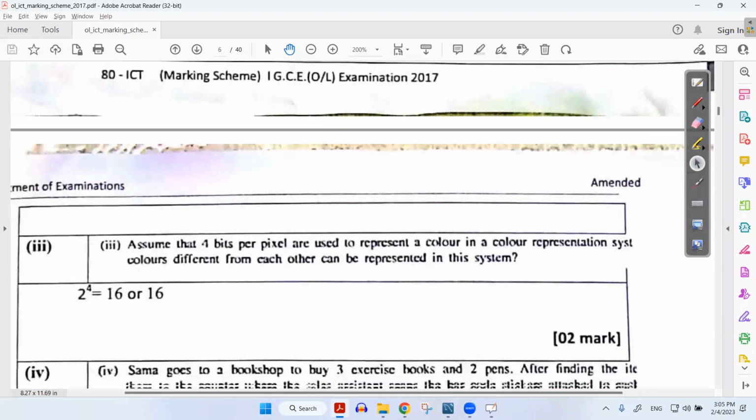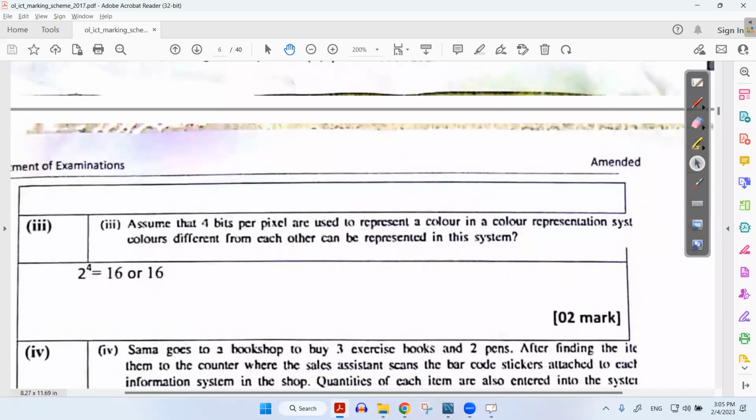In the third question, they ask, assume that 4 bits per pixel are used to represent a color in a color representation system. How many different colors can the system represent?